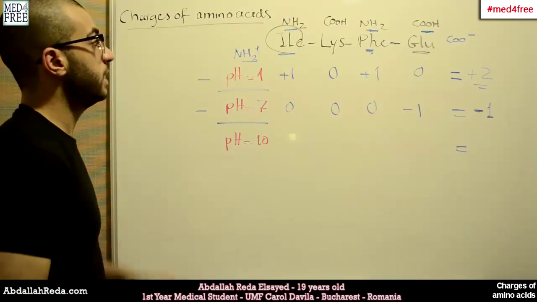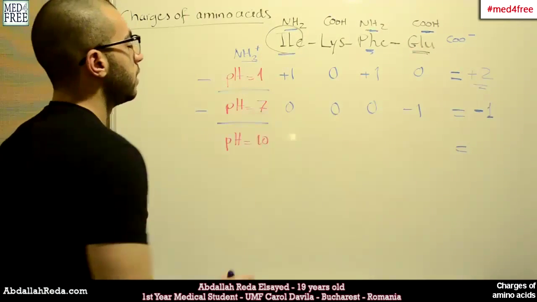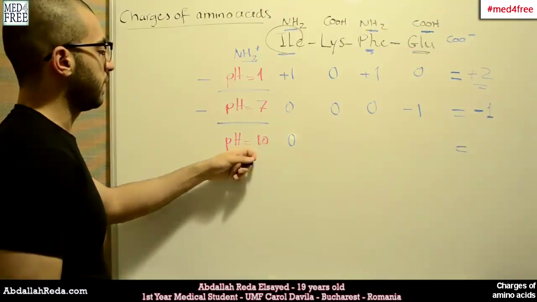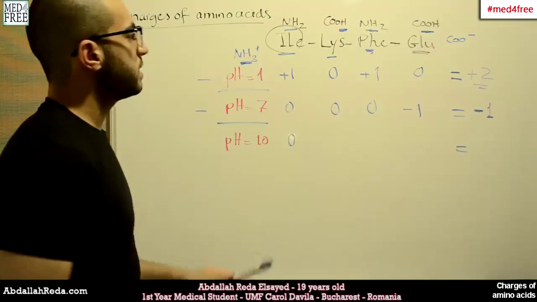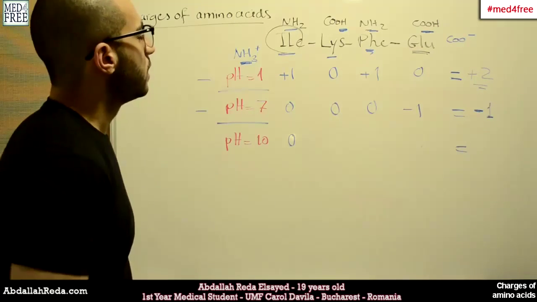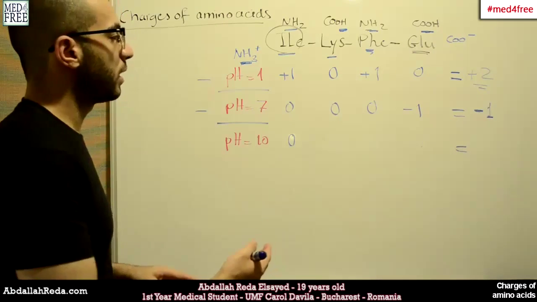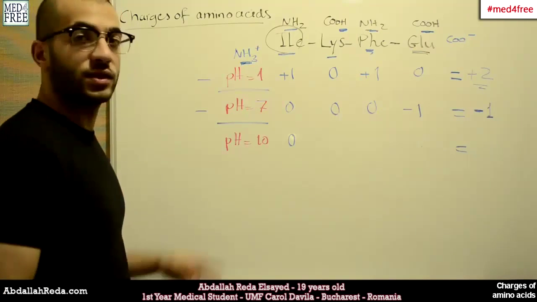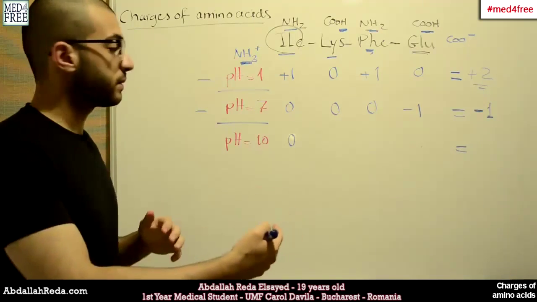At a pH of 10, same rules apply. For a pI of 6, we'll have a 0 because the 10 is higher than 6. Now lysine has a pI which is exactly equal to 10. So this would be on the second step of ionization when we talked about the isoelectric point. Because lysine has 2 amino groups and 1 carboxylic group, it ionizes in 4 steps.